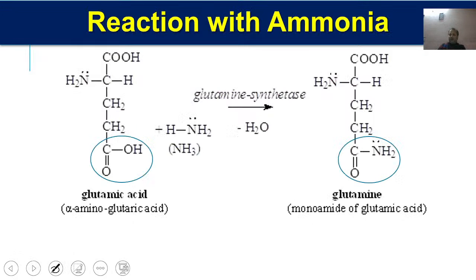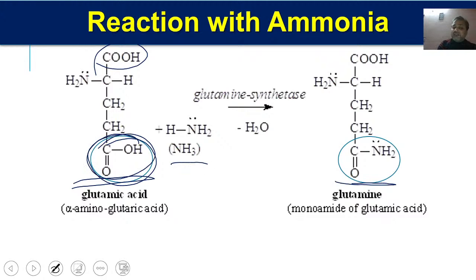Next, we are talking about the reactions of the acidic groups. So here we have an acidic group, and here also we have an acidic group. Acid groups can also react with ammonia and ultimately give you amide derivatives, like we have already seen in classification, where glutamic acid and aspartic acid acid groups react with ammonia.